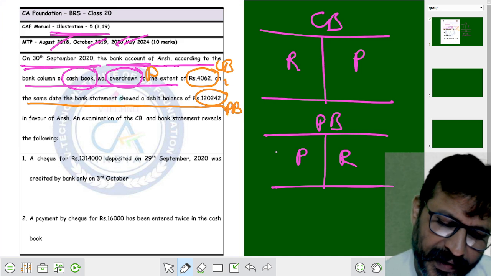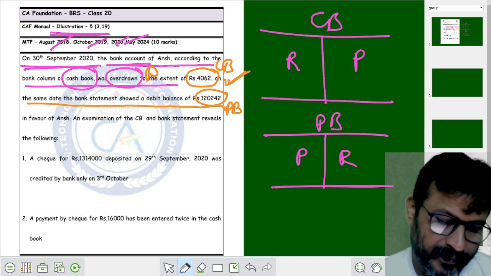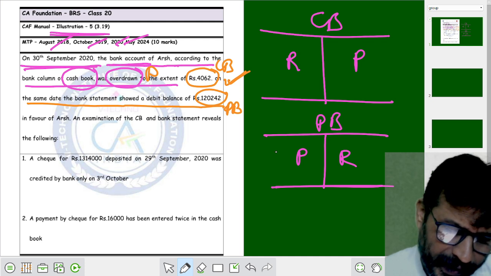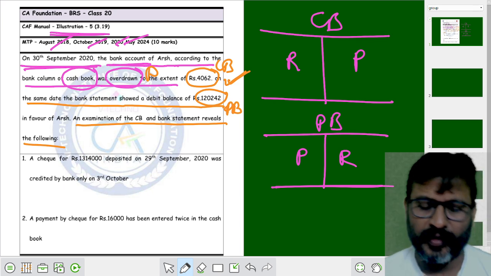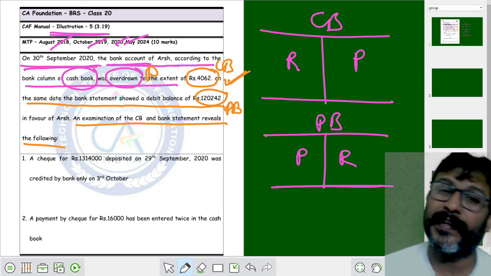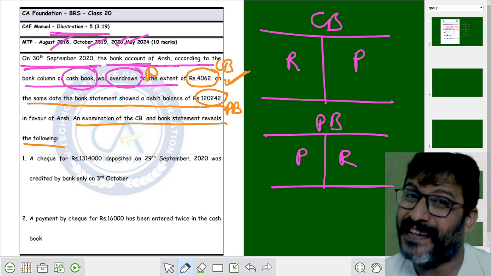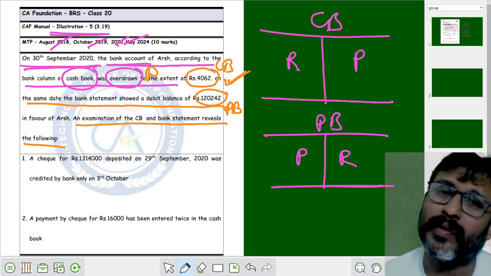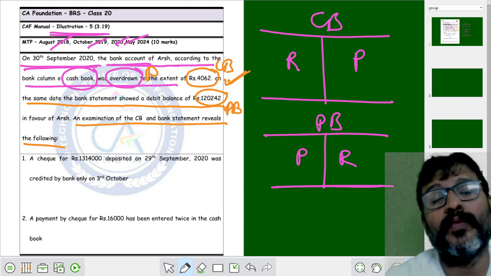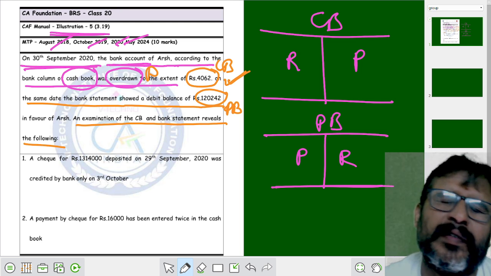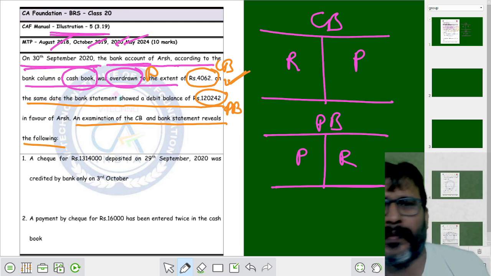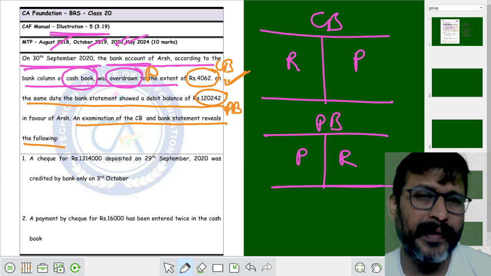Preferably, let us start with this one. An examination of the cash book and bank statement reveals the following. Now, my dear kids, he has given both the overdraft as per cash book as well as the debit balance of the passbook, which also means overdraft as per passbook. Now we have to take up any one among them.